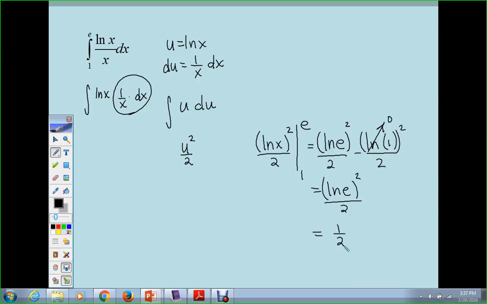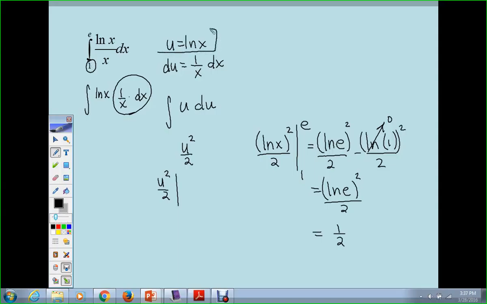Now, if we left it in terms of u, let's try that. Let's leave this in terms of u. So we could change the upper and lower limits of integration. Originally in terms of x, the lower limit of integration is 1.